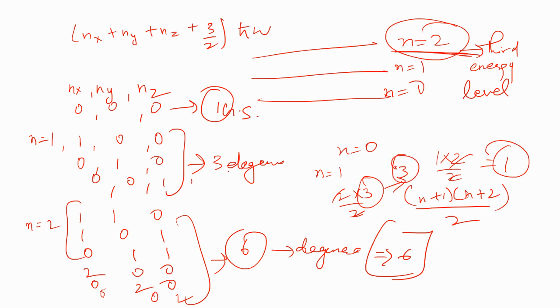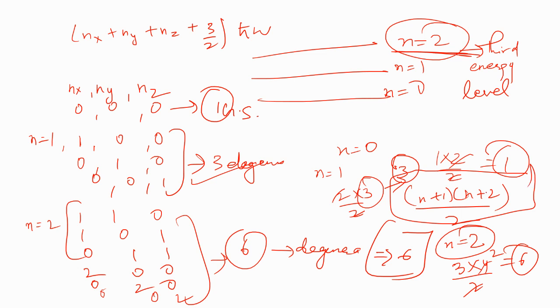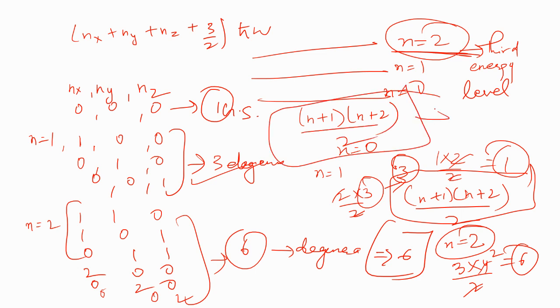When n equals 2, you have 3 into 4 by 2, which is 6. So the degeneracy is 6. I have shown you how to do it in a traditional way, but if this question comes in the exam, you should memorize this formula: (n plus 1)(n plus 2)/2. This is the formula for the 3D isotropic harmonic oscillator to find the degeneracy.